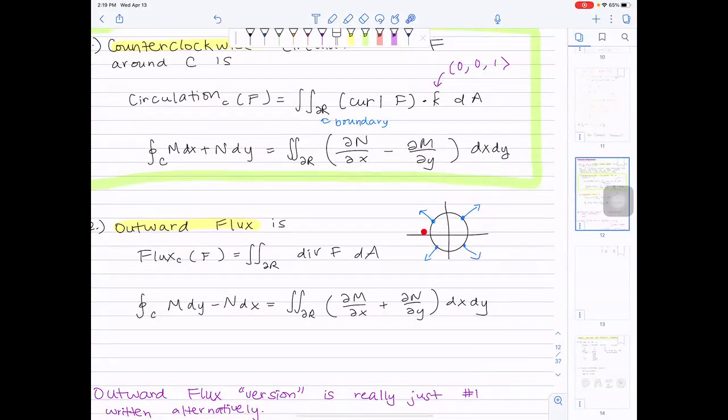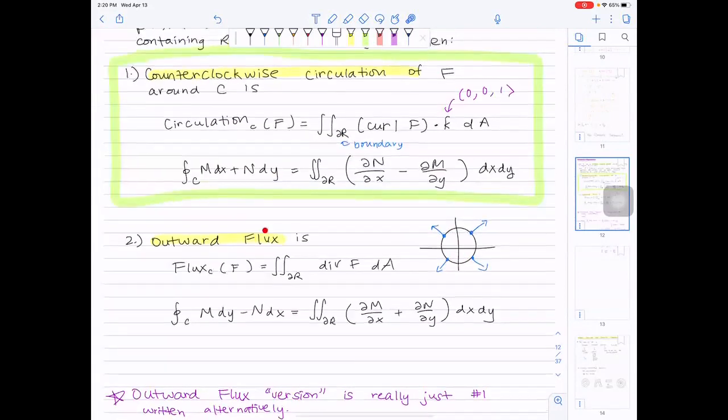Right, but there was a practice problem where you had to put a negative in front because it was indicated it was clockwise. Would there ever be a question that somehow indicates you put a negative in front of the flux because it was inward? It's not going to tell you it's inward, right? It would tell you what direction the unit normal is. Assuming the unit normal is outward, and if the unit normal is inward, then you put a negative in front.